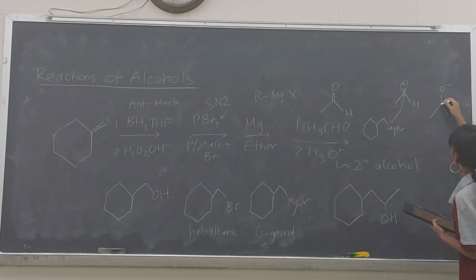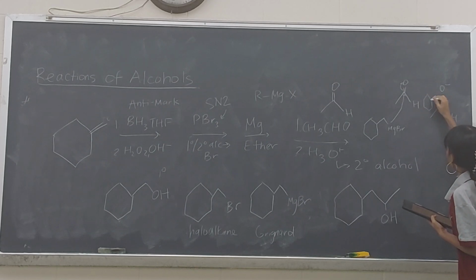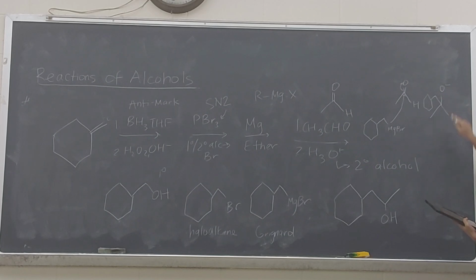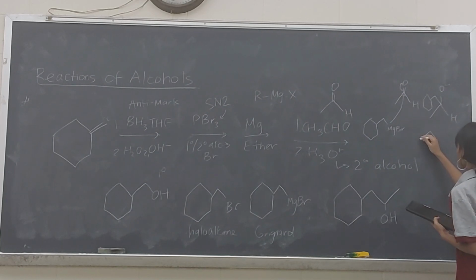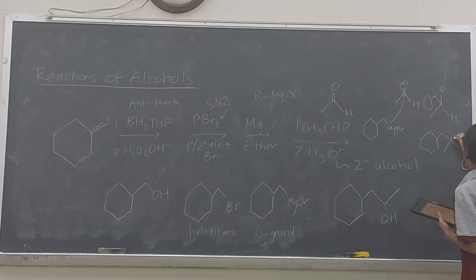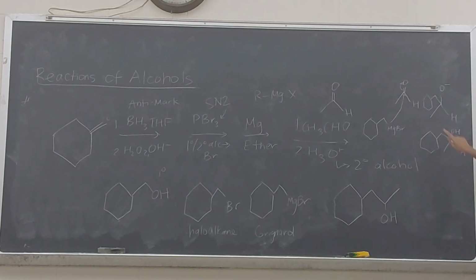And you add this whole part there, and then there's an H3O plus, which can make the O minus into an OH. This is basically the same thing as this, just drawn a little differently, and then you don't have to include the H, but that's the mechanism. You don't have to draw this out, but know how it works.